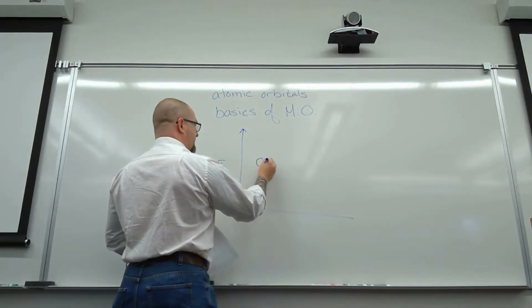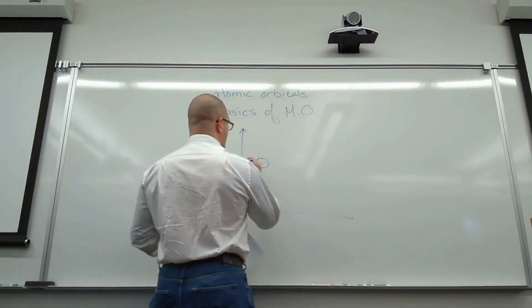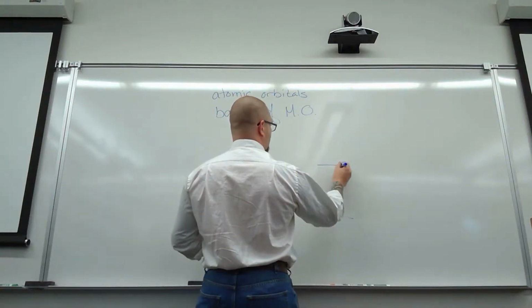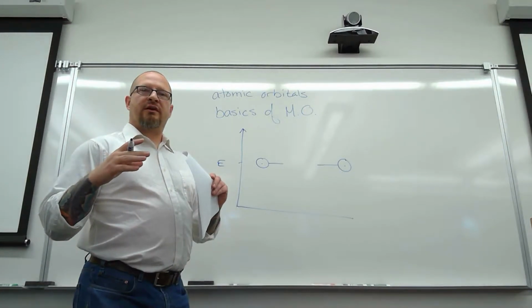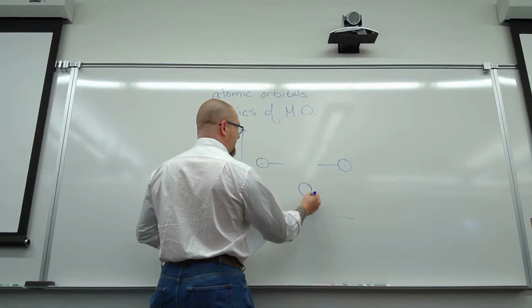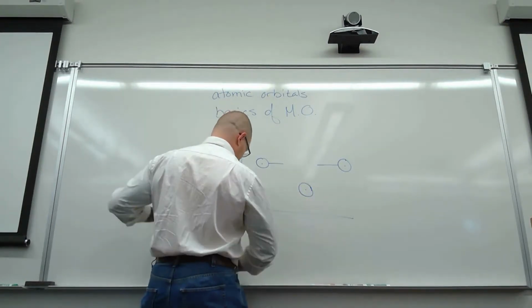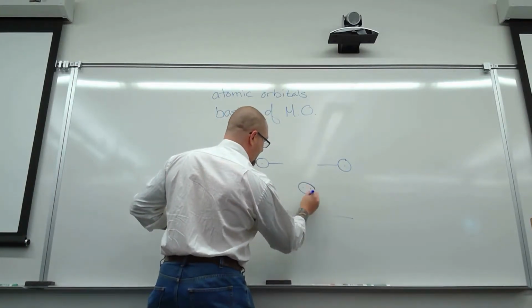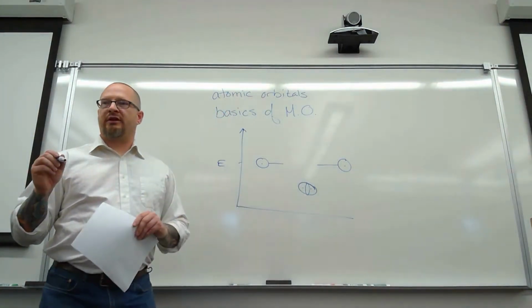So let's say we've got some nuclei with its atomic orbital at this energy level, and we have another one of those. And they come into proximity to one another and they can share their orbitals. And that's going to cause the formation of a new lower energy orbital, where the electrons are being shared between the two nuclei.